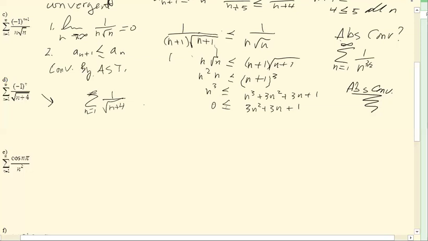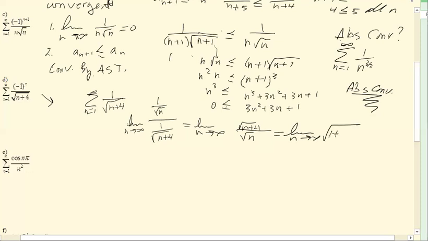Not too difficult if we compared it to 1 over root n, 1 over root n plus 4, and you found that limit, you would see this is the same as the limit as n goes to infinity of root n plus 4 over the root n, which is root 1 plus 4 over n, and that equals 1, which shows that both the series are divergent. That's one way you could do it.